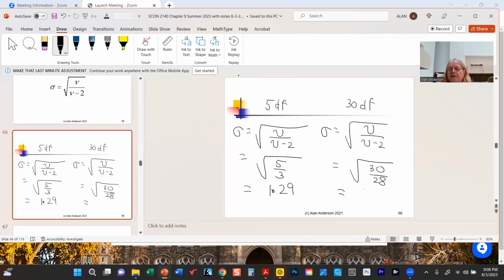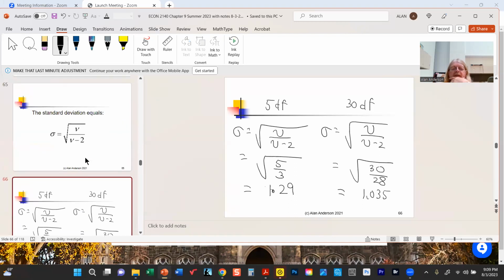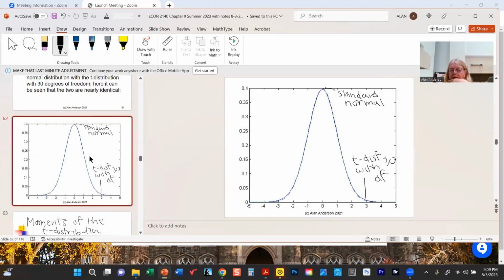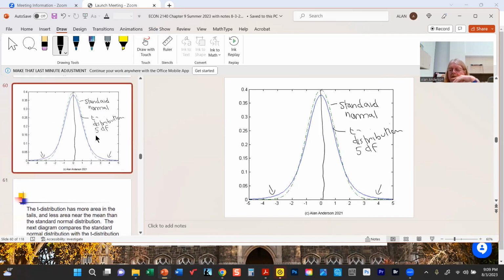So you can see even still slightly higher, but not much. That's getting pretty close. And clearly, as the degrees of freedom keeps going up, this number will continue to shrink and get closer and closer and closer to 1. So that explains why these two graphs look the way they do. You can see it's almost indistinguishable here between the two, whereas here you can really see the difference.